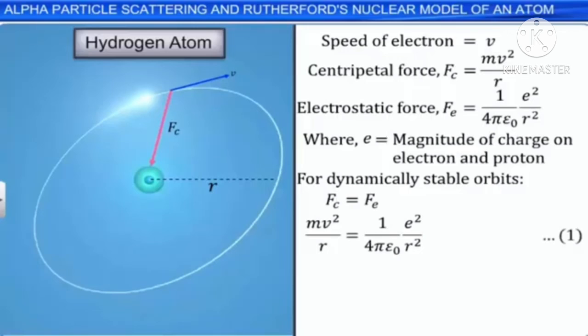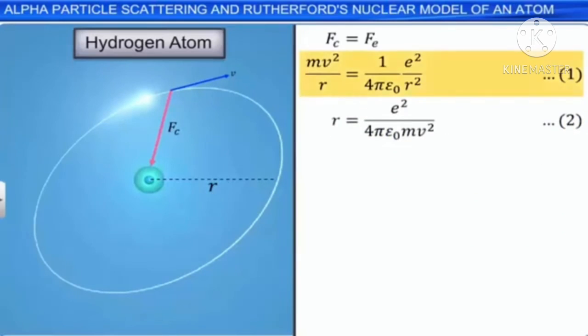On simplifying equation 1, we get the radius r is equal to e square by 4 pi epsilon naught mv square. Let this be equation 2. From equation 1, we also have v square is equal to e square by 4 pi epsilon naught mr. Let this be equation 3.